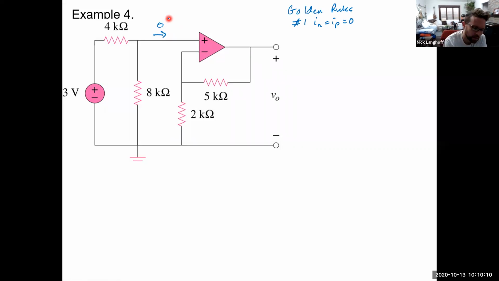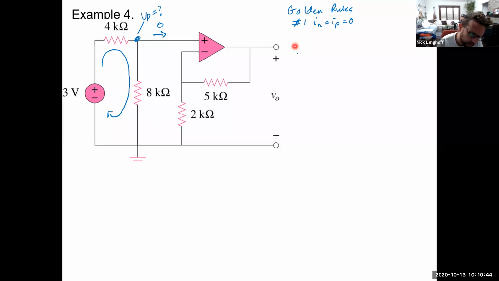If there's 0 current going into the non-inverting terminal, VP, then all the current through the 3-volt source is going through this 4K and 8K pair. And that makes a classic circuit we always love to use anytime we can because it's so easy to calculate. It makes a voltage divider.